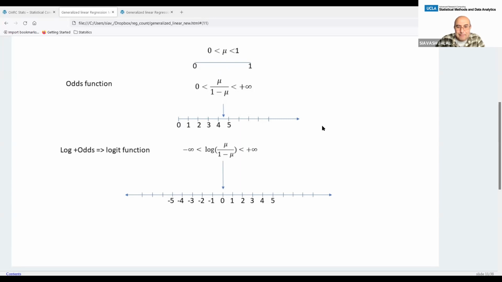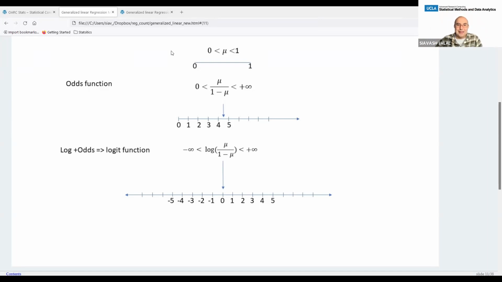Now, when I have 0 to infinity, I can add another function on top of the odds function, right? It's log of the odds, a function of a function. The good thing about log is that it takes any positive number and makes it go from negative infinity to infinity.